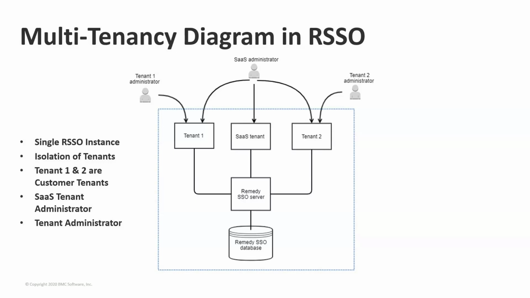The tenant 1 administrator user can log into the RSSO admin console of tenant 1 and make changes to its configuration, and the same will occur with tenant 2. The SaaS administrator user can set up configuration for any tenant on the RSSO server by switching to the admin console of a selected tenant. We'll see that in a bit.